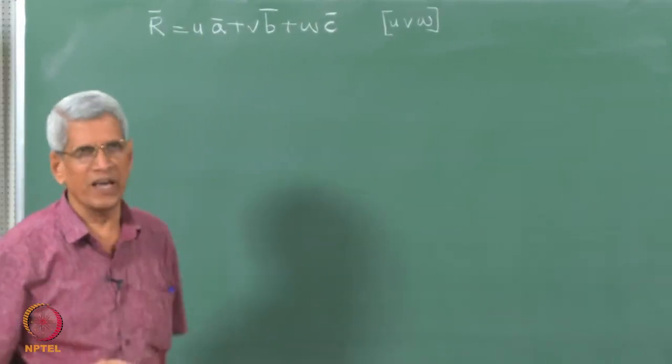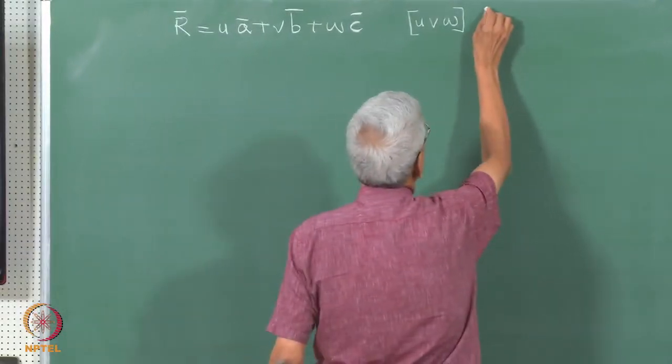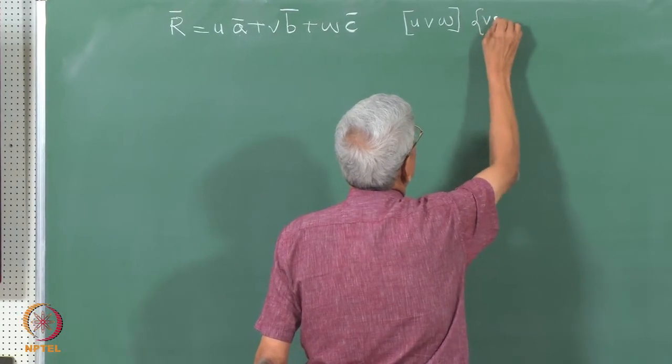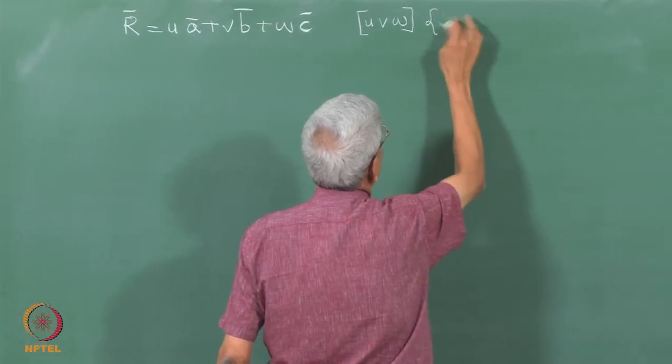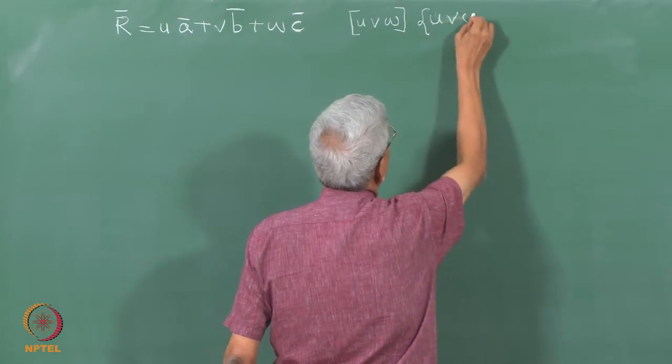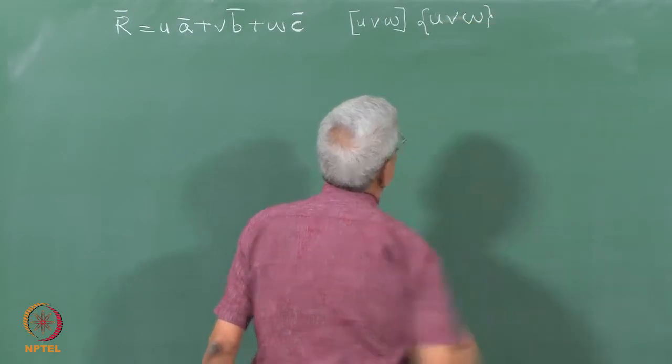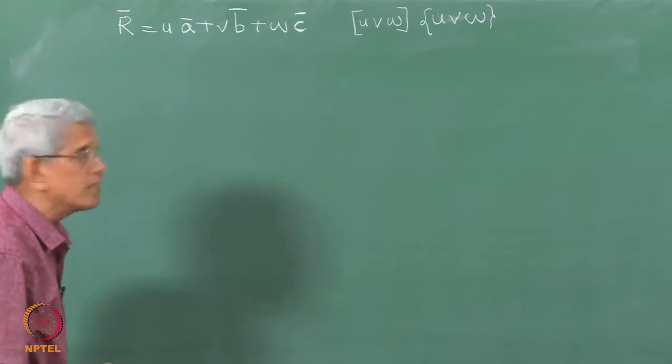This is for a specific direction. If you want to represent it for a family of directions, then this is the way we represent.